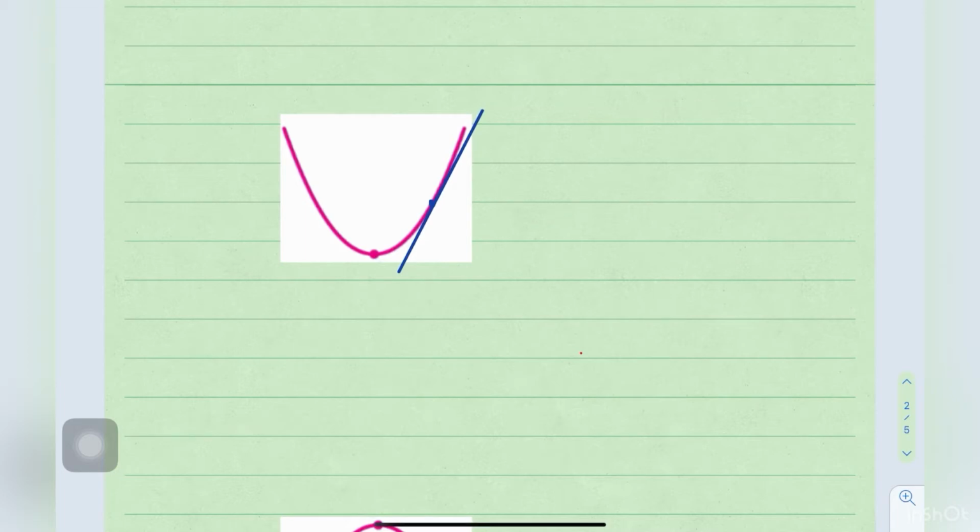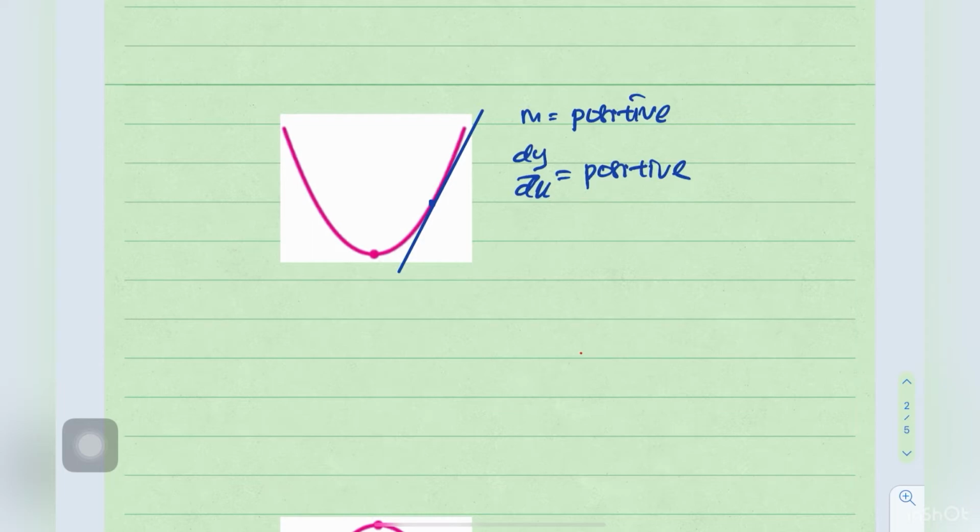For this tangent, the gradient is m, and m is positive. Previously, we have learned that the gradient is dy/dx. So dy/dx is positive.